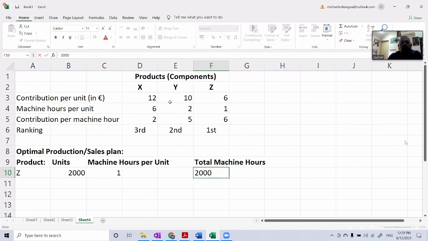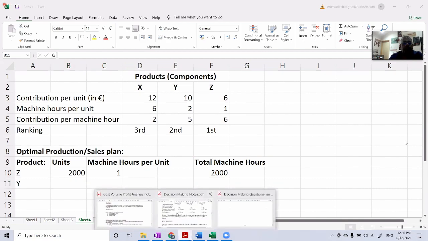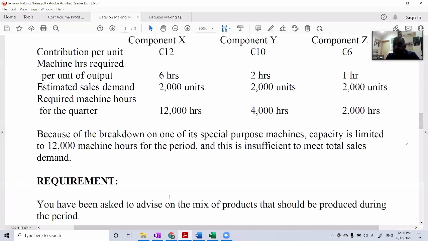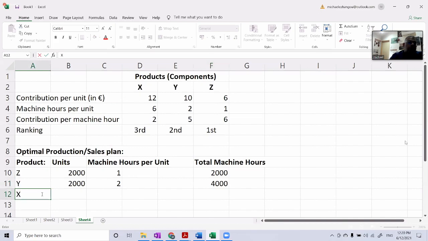Then rank number 2 is Y. Everything is 2,000 units. Machine hours required is 2, so 4,000. Last is X.